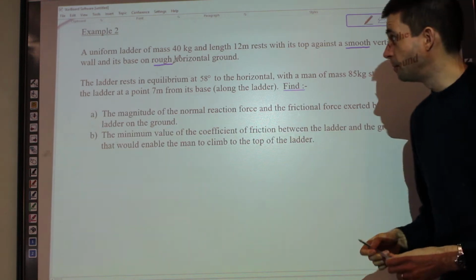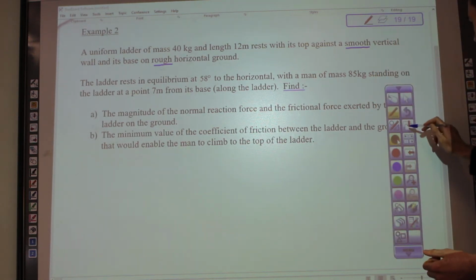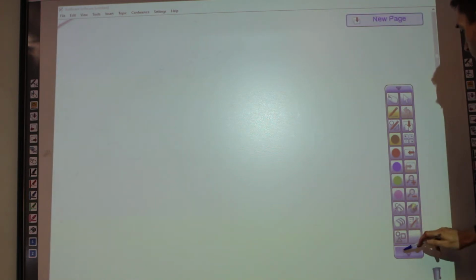So let's begin by putting this into a diagram and working out what we've then got to do with it.